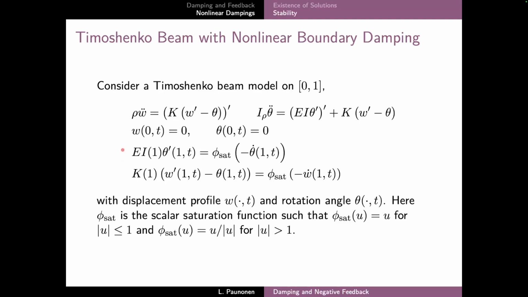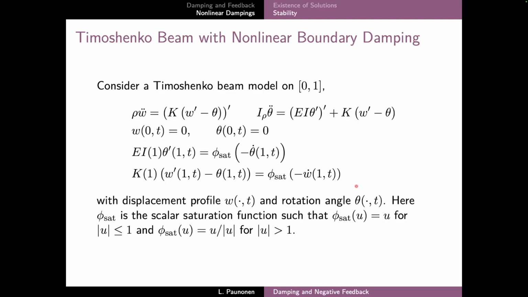And on the other end we have boundary conditions which are nonlinear. And if we remove these nonlinear saturation functions phi, then this would be a standard type of boundary damping for the Timoshenko beam. But now indeed the damping has some saturation limits.